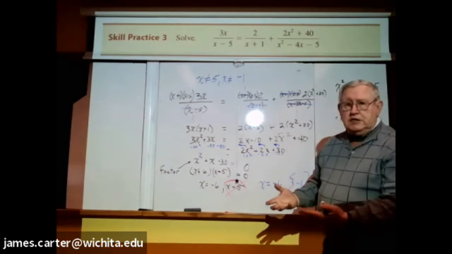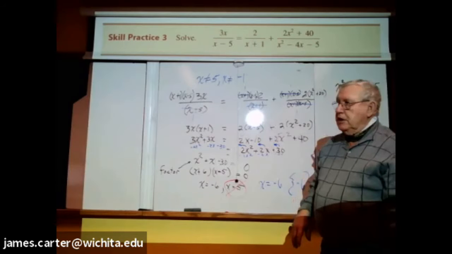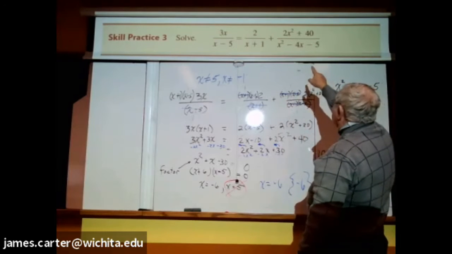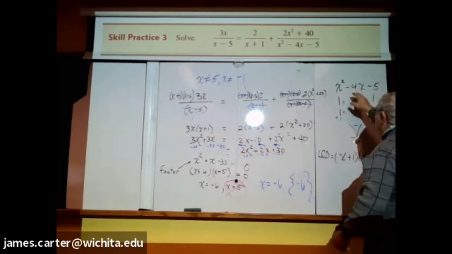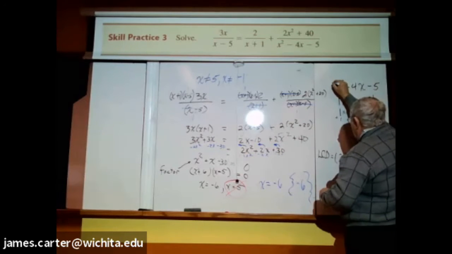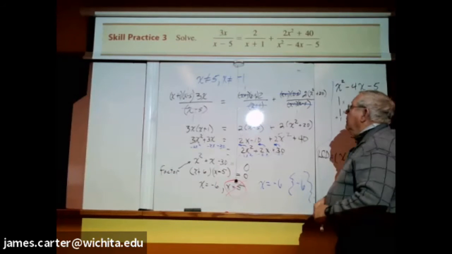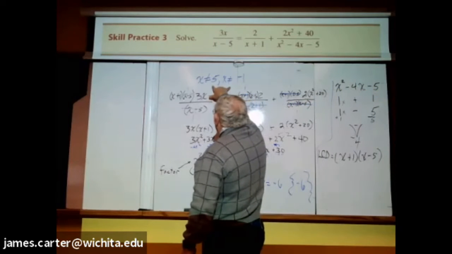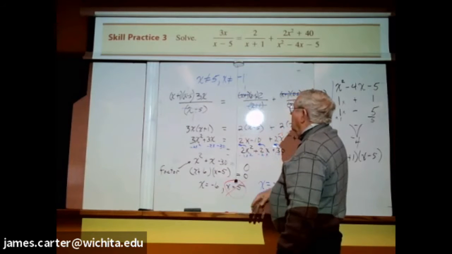Now, let's go back through what steps we did, because this is basically the last problem I'm going to do on this particular skill. We look at the denominators. If any of the denominators need to be factored to find the least common denominator, you do that. That's what I did over here. So I've got the x plus 1, the x minus 5 is what this denominator is made up of. Now, next thing, I need to determine what I cannot have, which I realize I did at the end.